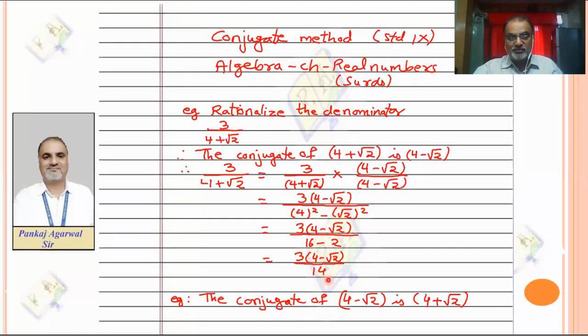Hence, you can see that the denominator became 14 and it is a rational number. So we can eliminate the irrational number from the denominator using the conjugate method, which we have studied in 9th standard. The conjugate of 4 minus root 2 will be 4 plus root 2. Now we'll do 4 answers based on this.